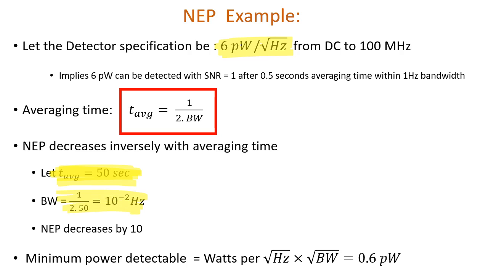So if this is given as 6 picowatts per square root hertz, I can simply multiply by the square root of the bandwidth and obtain the corresponding minimum power detectable if I start averaging anything other than half a second, right? So that is how one uses this noise equivalent power figure of merit to choose a detector. Or rather, once you have chosen a detector, you can figure out, to detect a certain level of power, what is the averaging time you need for that power to be detected.